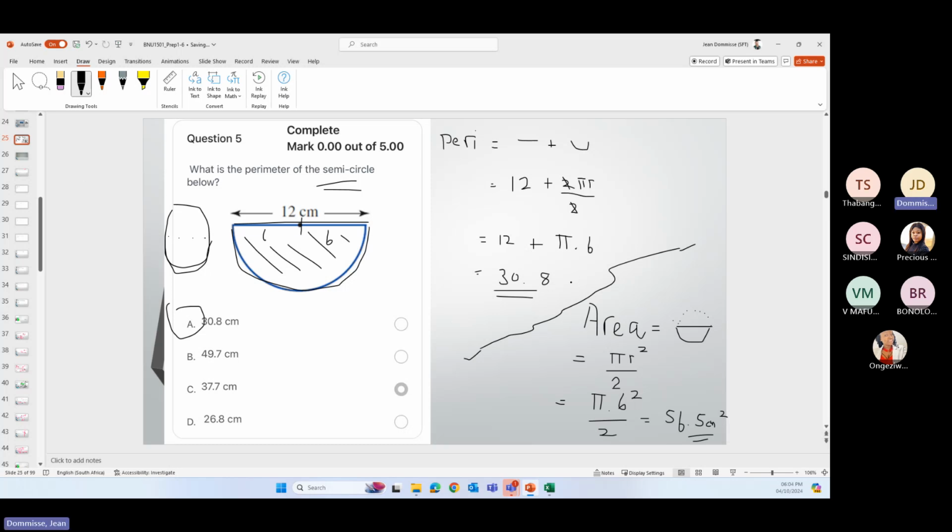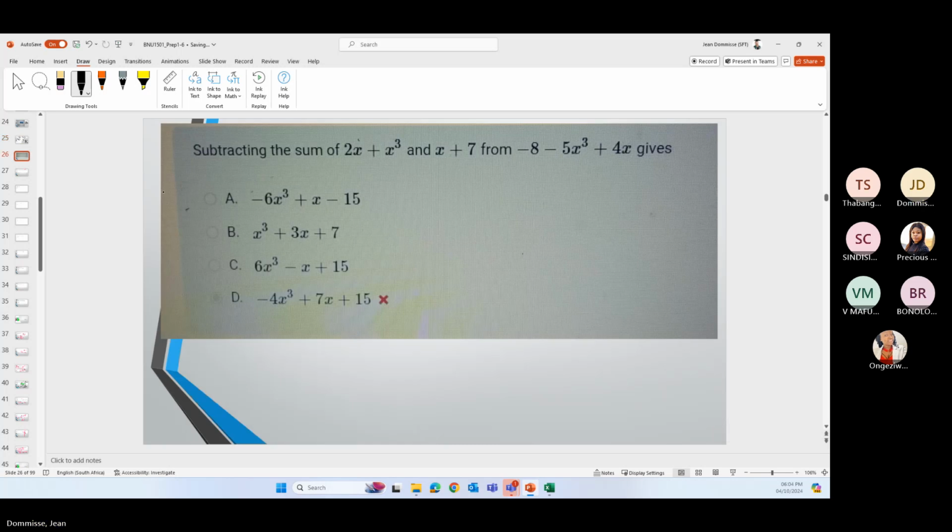Okay, so let's go into the next one. So this was also an interesting one that I picked out of, I think, last semester's assignments, or it was the mock exam.